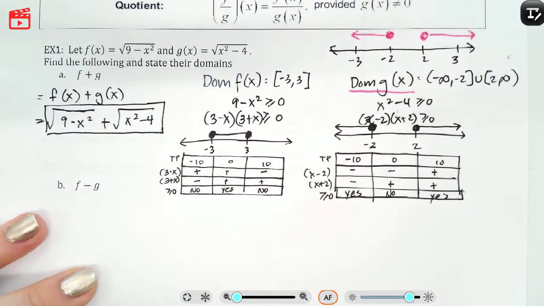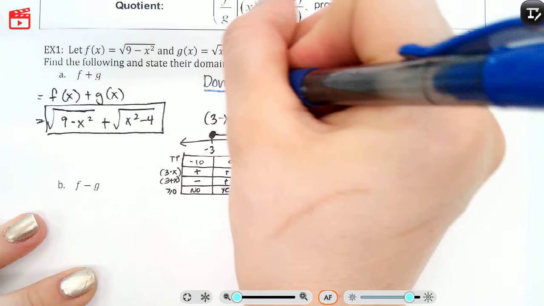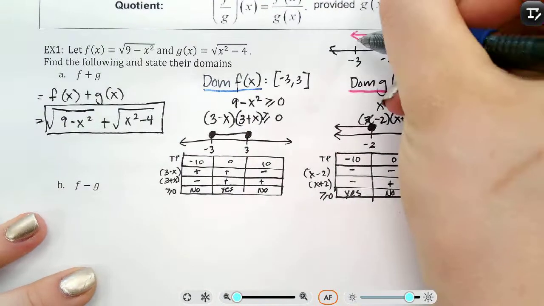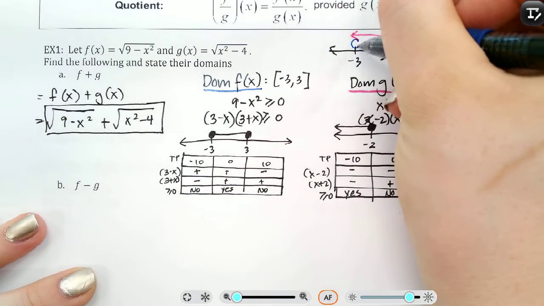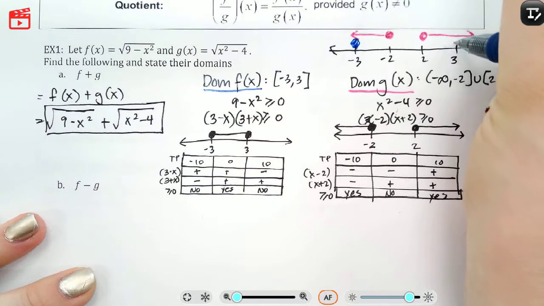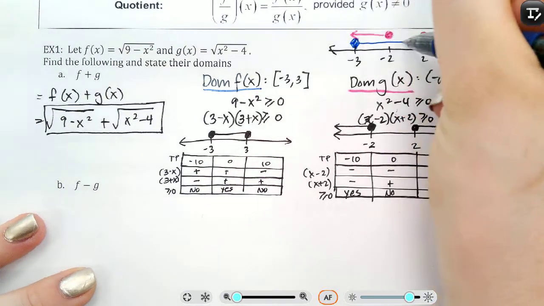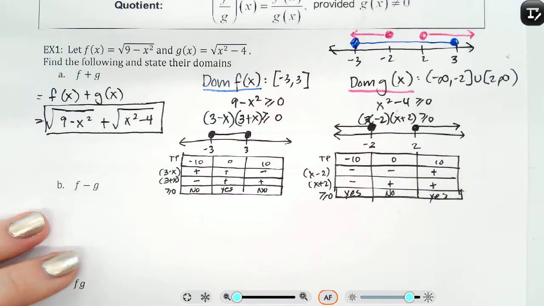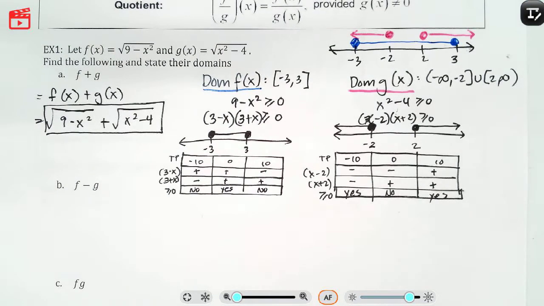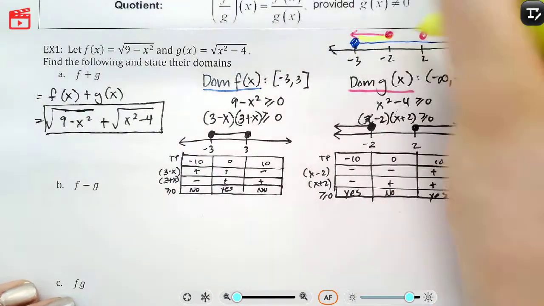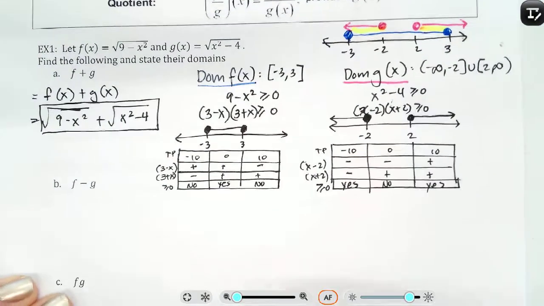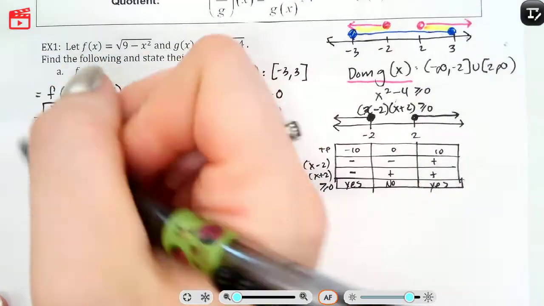And then domain of F is here. So where do they agree? Let me grab my highlighter. Right here. Okay, so that's my domain.